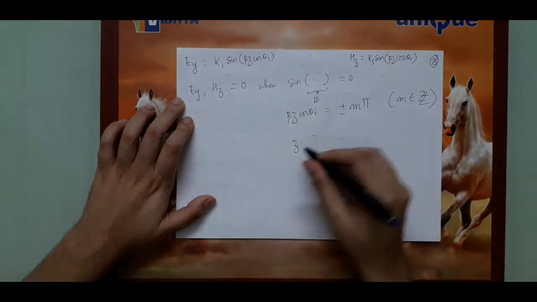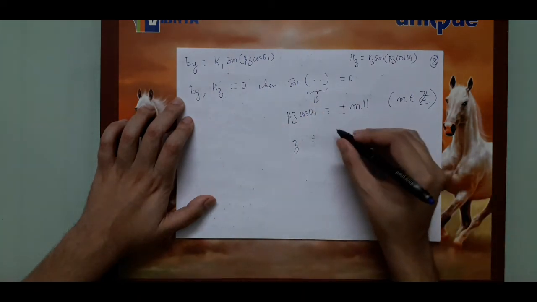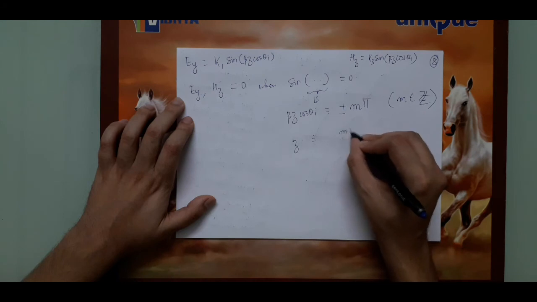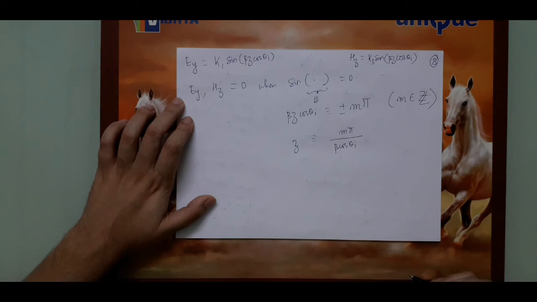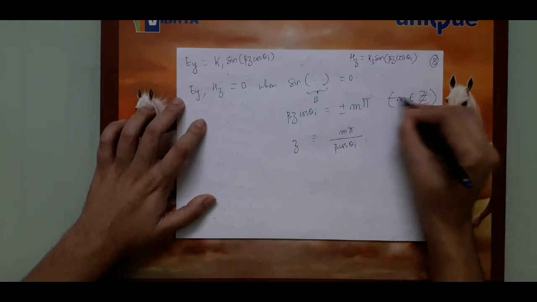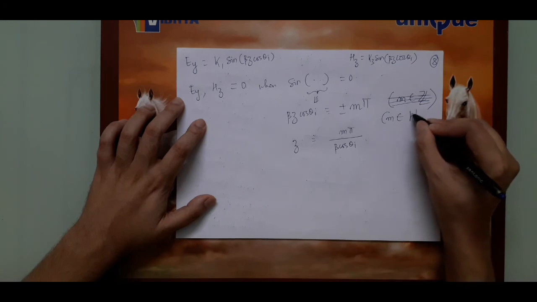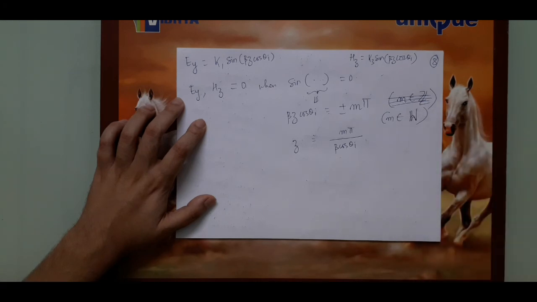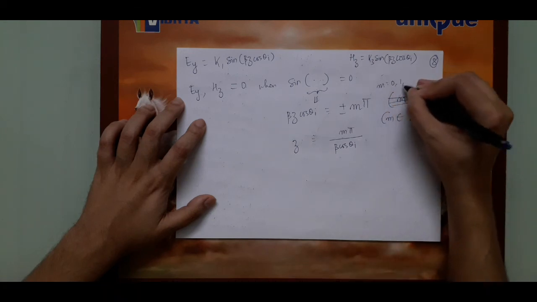In this case, beta is constant, theta I is constant, so z will be m pi by beta cos theta I. Let me say m is an element of the set of whole numbers. So m can be 0, 1, 2 like that.